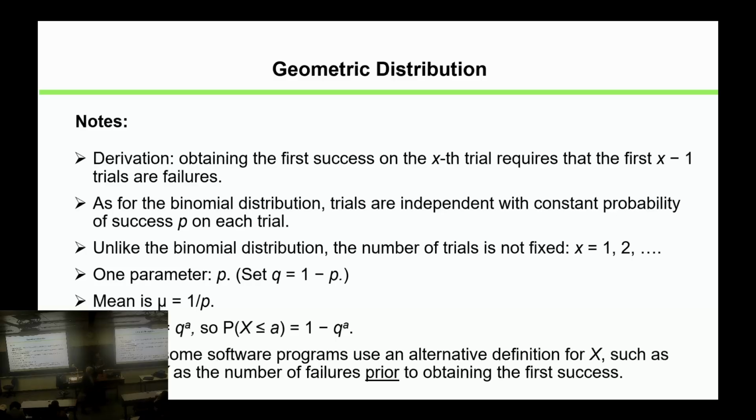So why did I use the definition I started with? That is the one you will most frequently see in mathematical statistics books, but we have to be aware that there are these two very similar definitions. The difference between them is just a difference of 1. You just have to watch how they're defined.